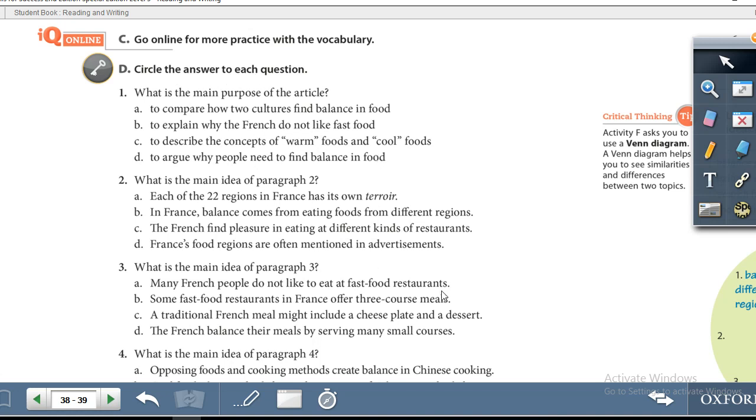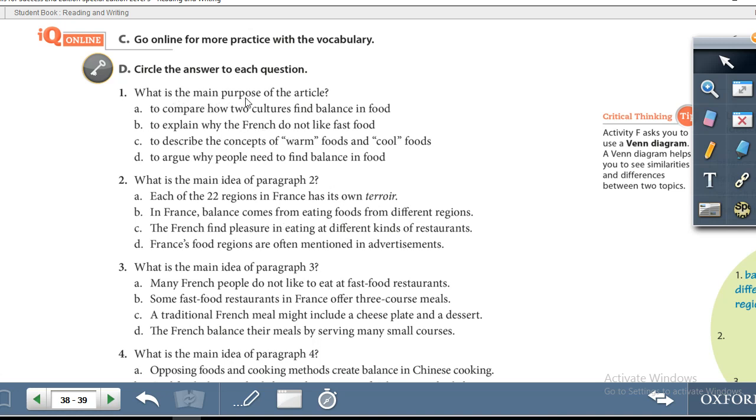All you will do in this particular exercise, you will read the question. What is the main purpose of the article? Right? You will read the 4 options that they give you and you will circle, right, the correct answer. The information for this exercise will be found in reading number 2.